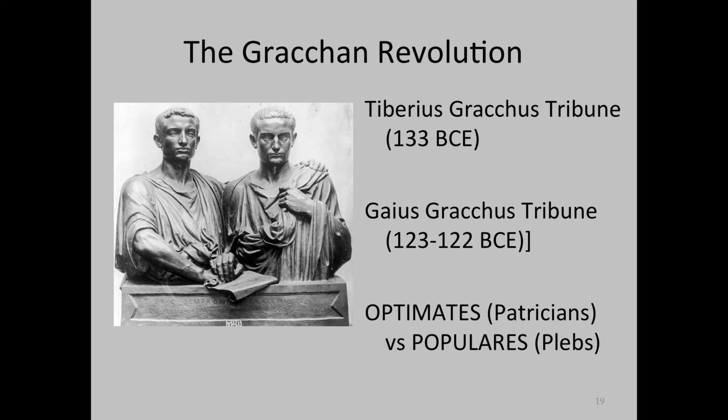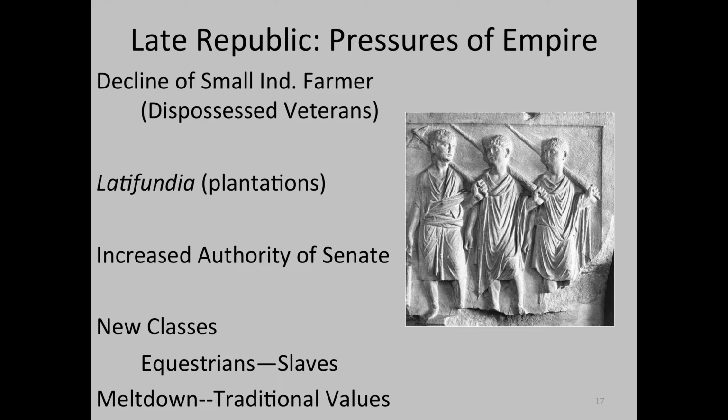For the urban crowds, he went even a step further than his brother, as he advocated and had the People's Assembly pass laws to fix the price of grain. So the price of grain would be kept artificially below the market value, so the people could afford to eat. This is also related to the decline of the small independent farmer, right?